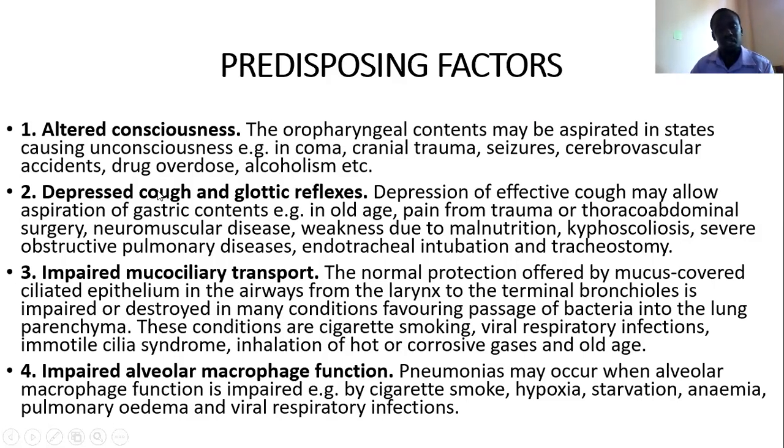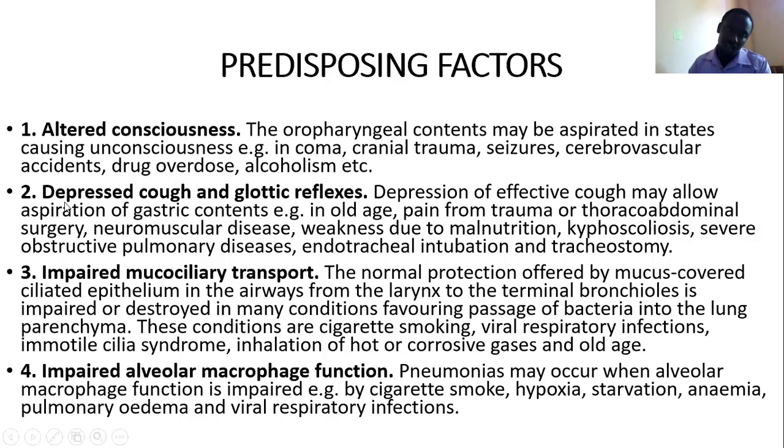You also have depressed cough and glottic reflexes. You realize that we have the mucociliary transport that flips away the microbes and foreign bodies. But again, when it reaches the upper airway, it is coughed and then spit out.